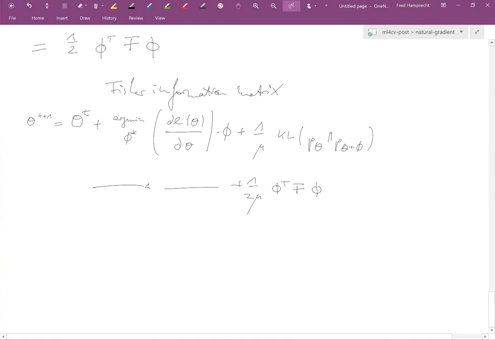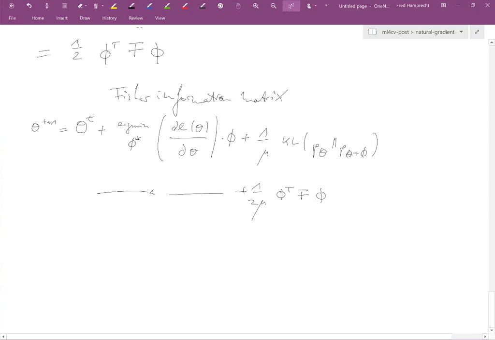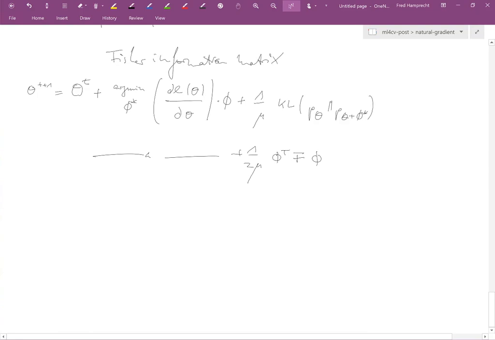And if we now take the derivative with respect to this phi star and so on, then we finally find that we should multiply with the inverse of the Fisher information matrix.